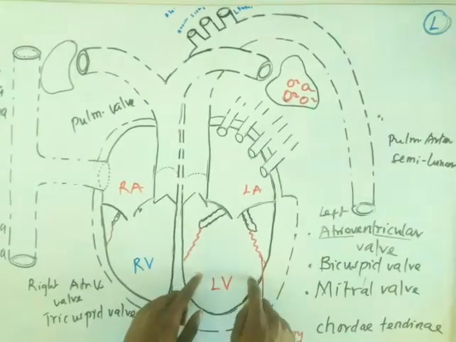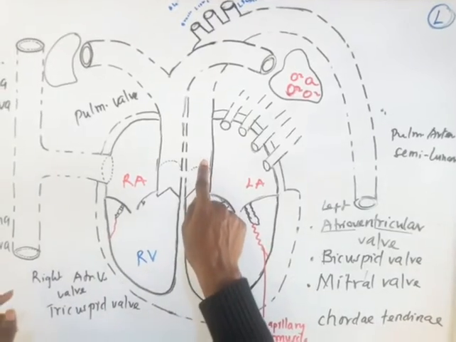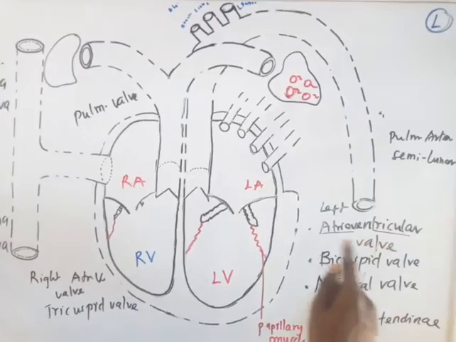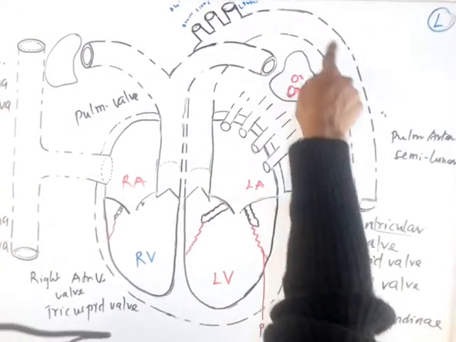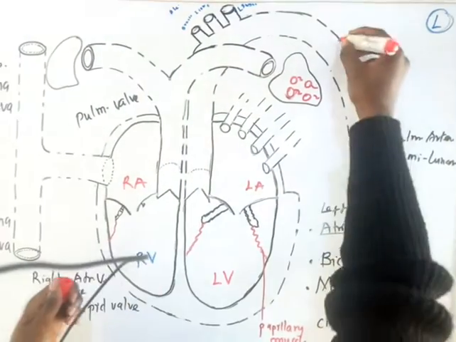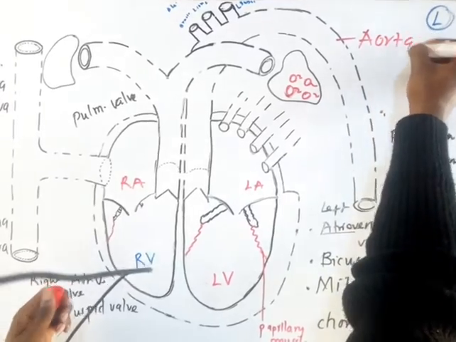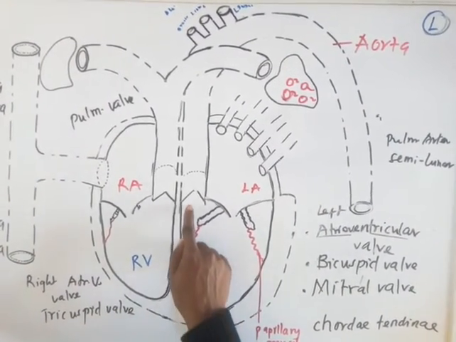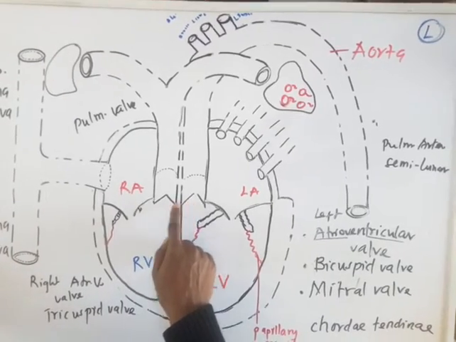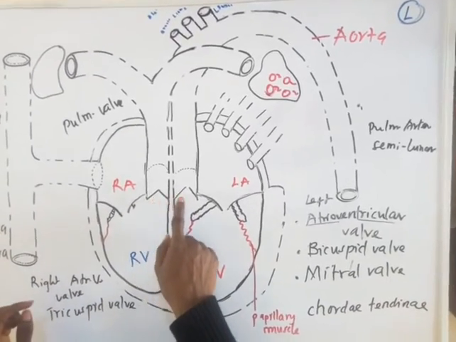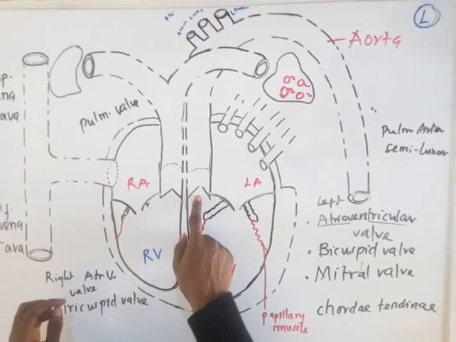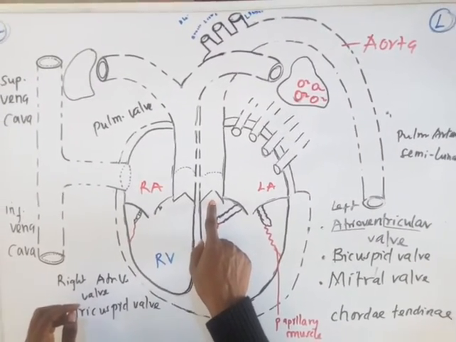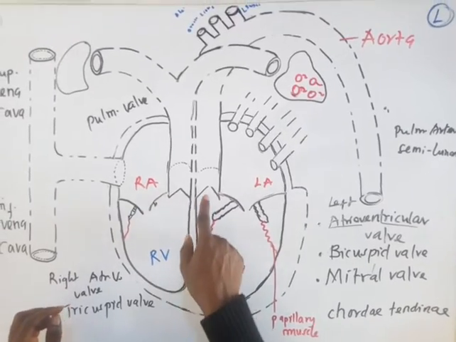Now from the left ventricle, the blood empties into a different vessel called the aorta. Into the aorta from the left ventricle there is a valve, like the one for the pulmonary artery. This valve is called the aortic valve, and it also looks like half a moon.